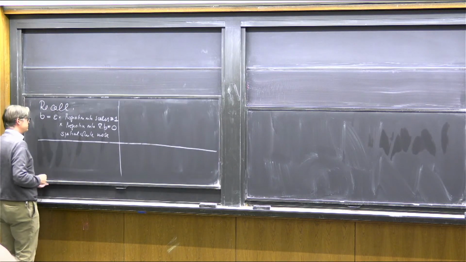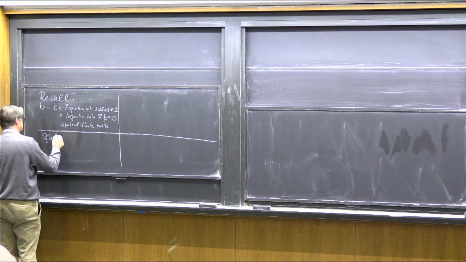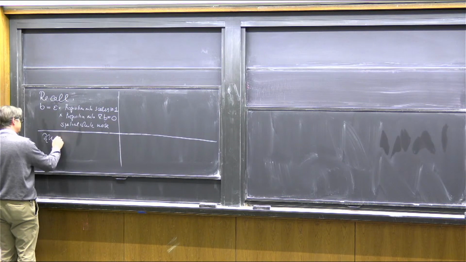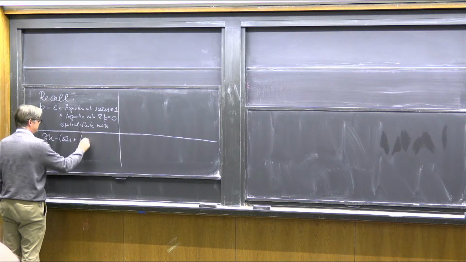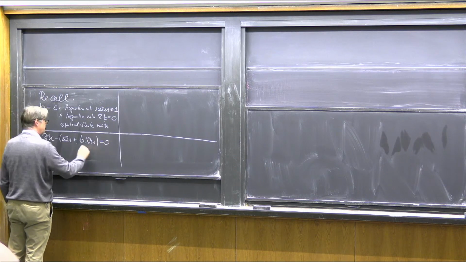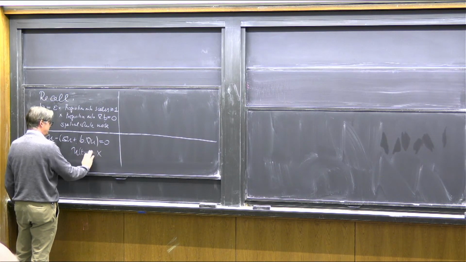And what we were interested in is a solution of the corresponding parabolic or semigroup version of the drift-diffusion equation. So minus Laplacian u plus b dot grad u is equal to 0 with initial data which are given by the identity.